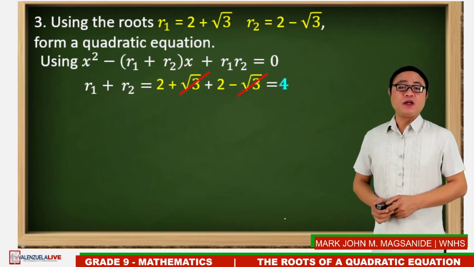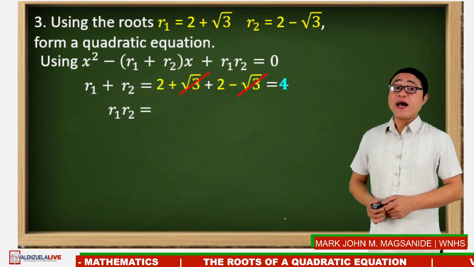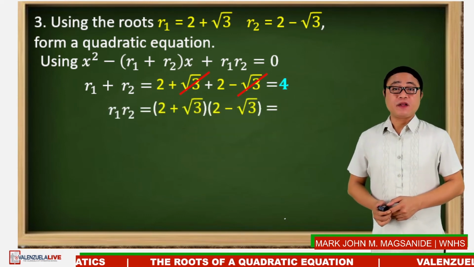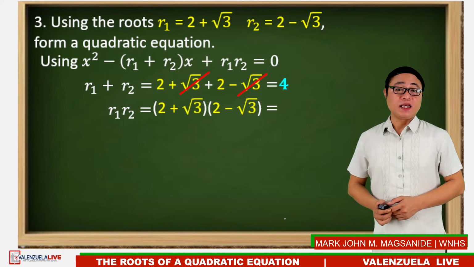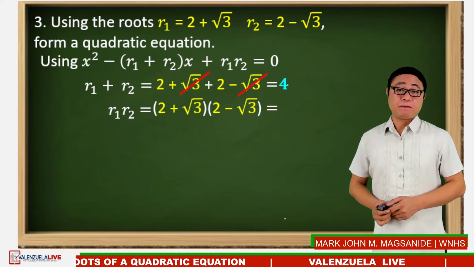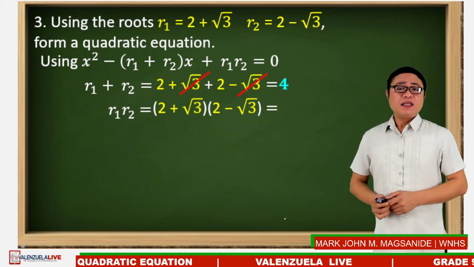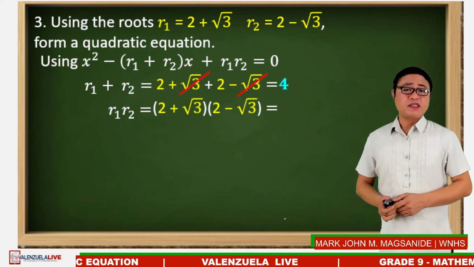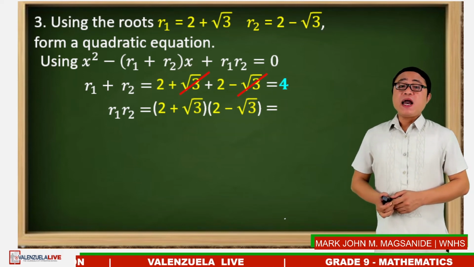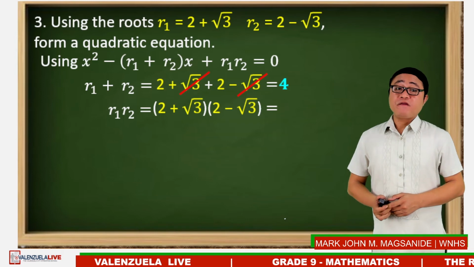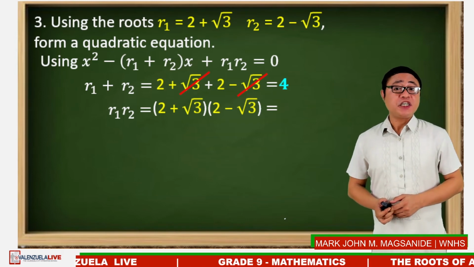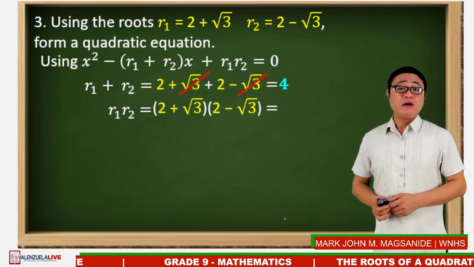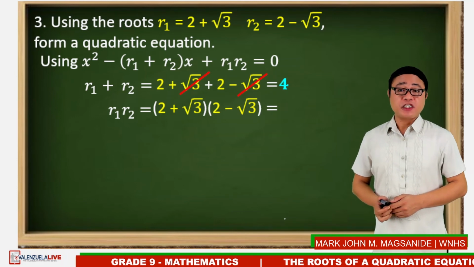For the product of the roots, we have 2 plus square root of 3 multiplied by the quantity 2 minus square root of 3. Observe that the two terms of both binomials are the same, and that the terms in the first binomial are separated by addition, and the terms of the second binomial are separated by subtraction.